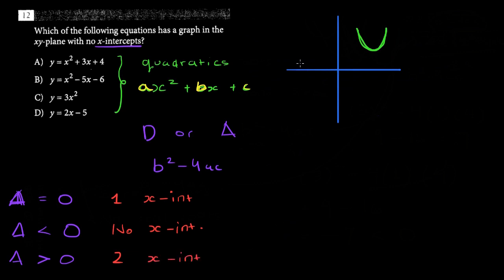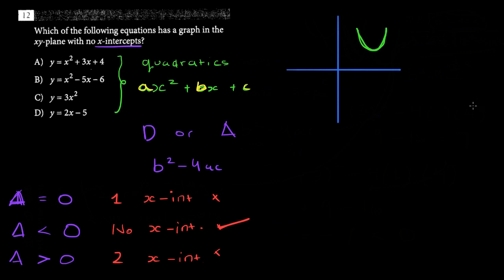And so that will look something like this, okay, graphically. What we're after in this question is this guy right here, not any of these, okay? So we're after no x-intercepts. So if we go one by one, looking through these solutions, our discriminant should be less than 0. -1, -2, -3, so on and so forth.